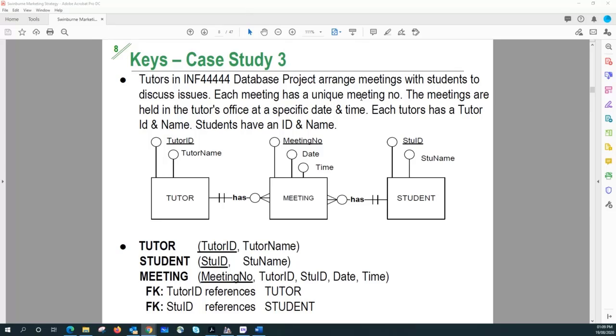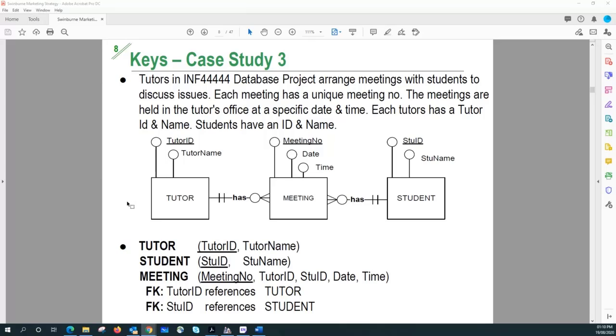So there are meetings between the tutors and the students, but each meeting has a unique meeting number. The meetings are held at the tutor's office at a specific date and specific time.